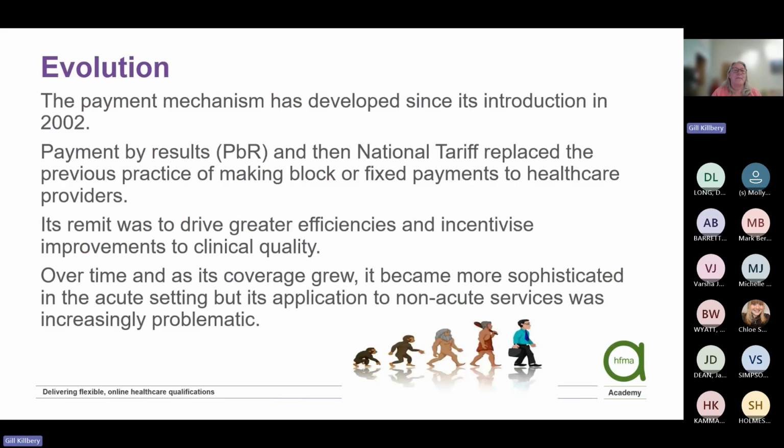As I've said, payment by results, national tariff, and then we've moved from block through to where we are now, with a different way of looking at fixed and variable.